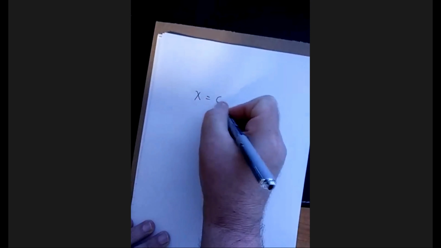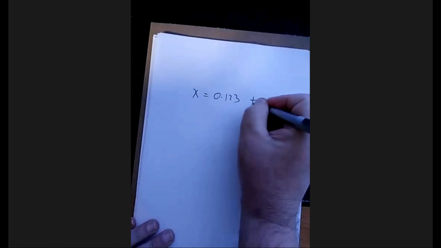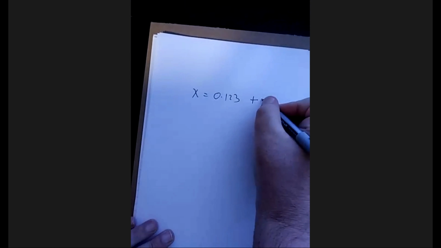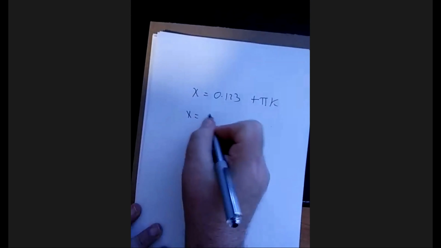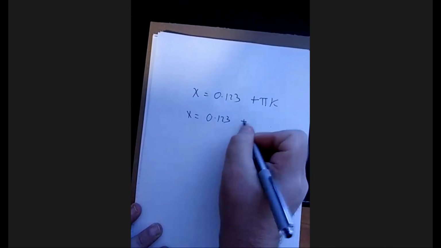Okay, right. Let's pretend I did a question, and the answer ends up being 0.123, right? And we know that we've done the other bit and it ends up being pi k, right? If you want to get the next one, you add pi.